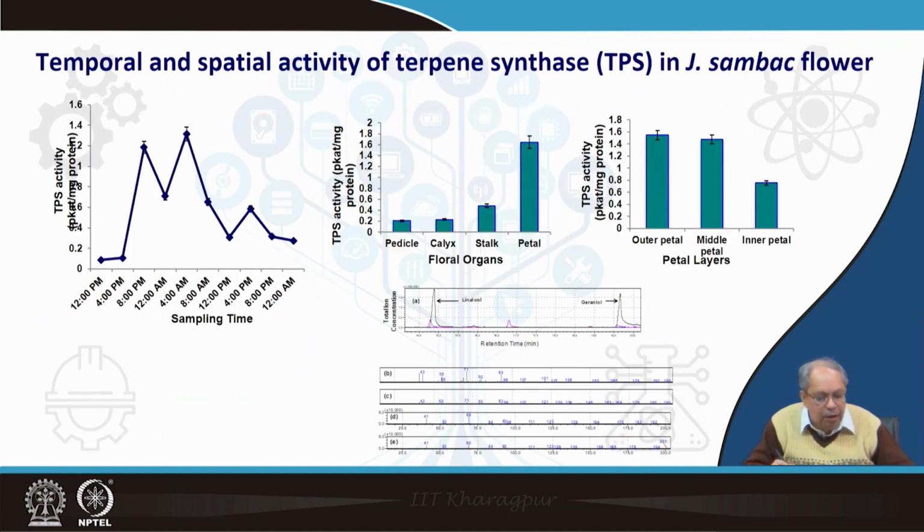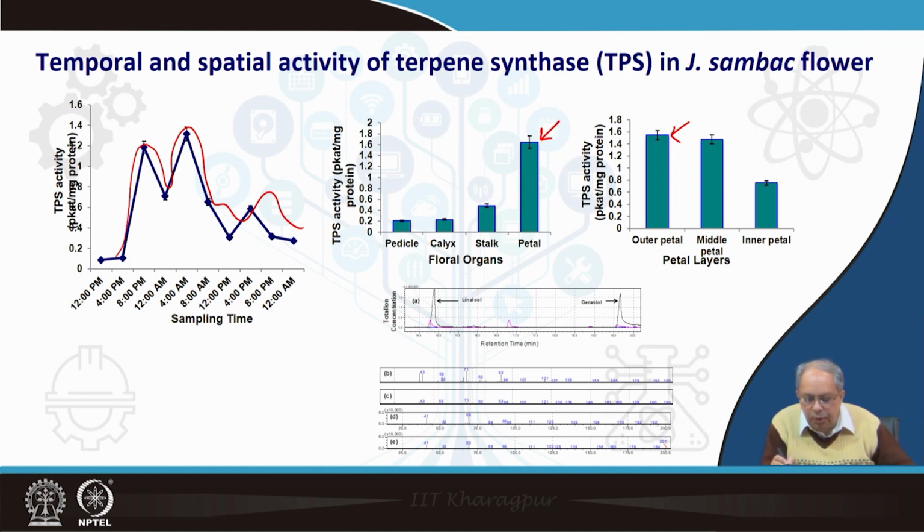And this is terpene synthase activity, which also follows a typical pattern throughout the floral lifespan. What has been found is that petal tissue is the place where maximum terpene synthase activity exists, and all layers contain terpene synthase activity, with the outer layer having a little bit more. This is a GCMS analysis where different components are detected.